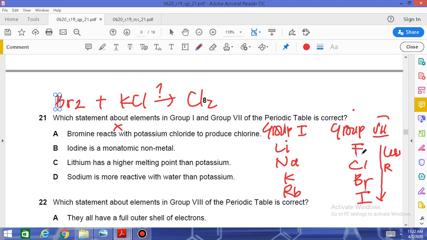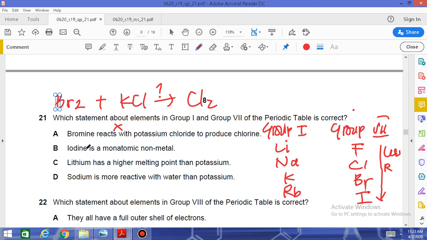So remember, the top element can displace the bottom element because the top element is more reactive than the bottom element. As you go down the group, they have less reactivity. In this case, bromine is less reactive than chlorine, so bromine cannot displace chloride ion.